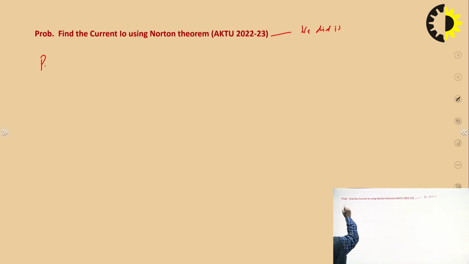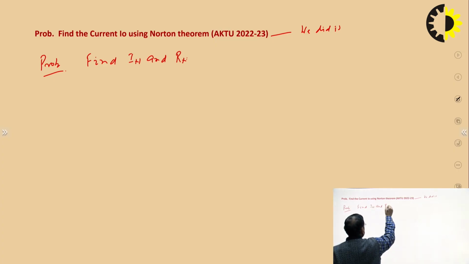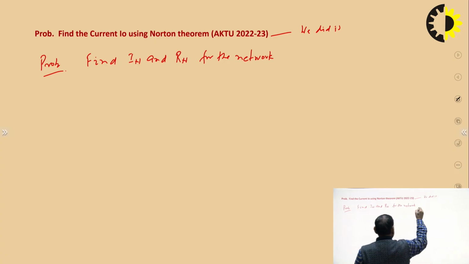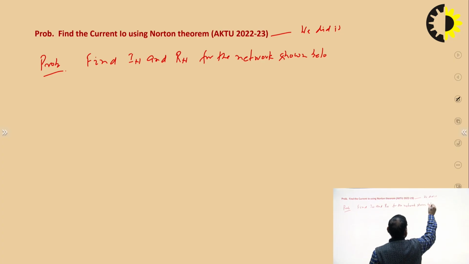Now take another problem: find the current IN and RN for the network shown below.